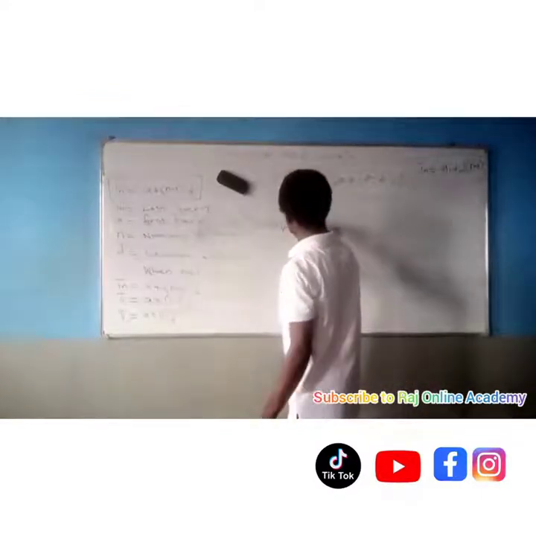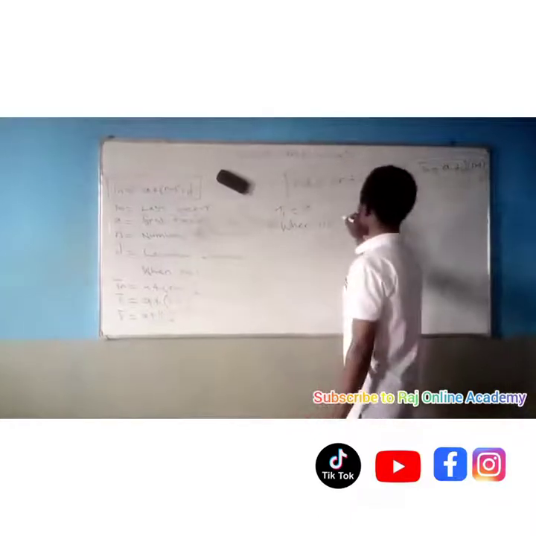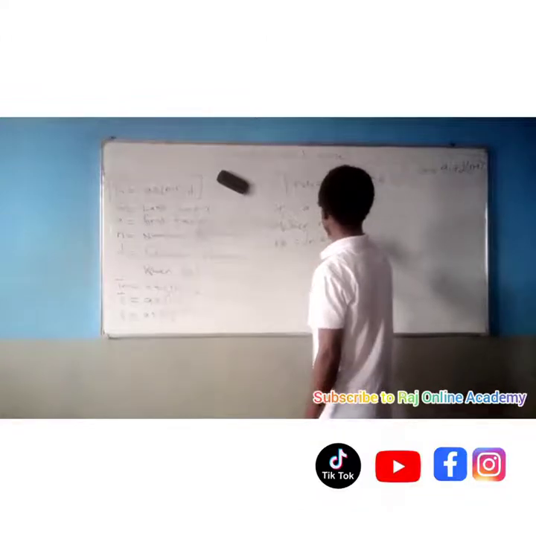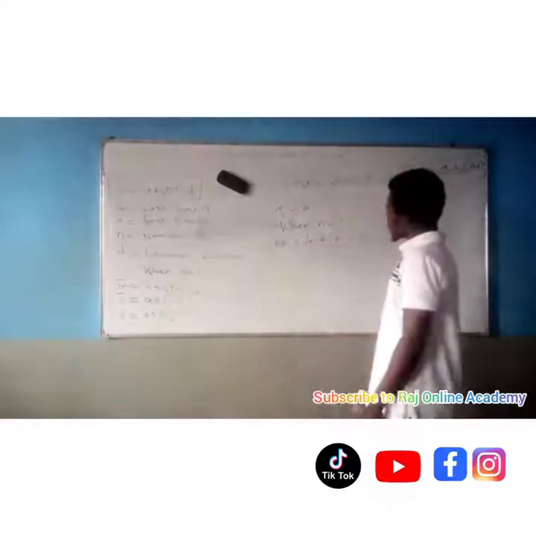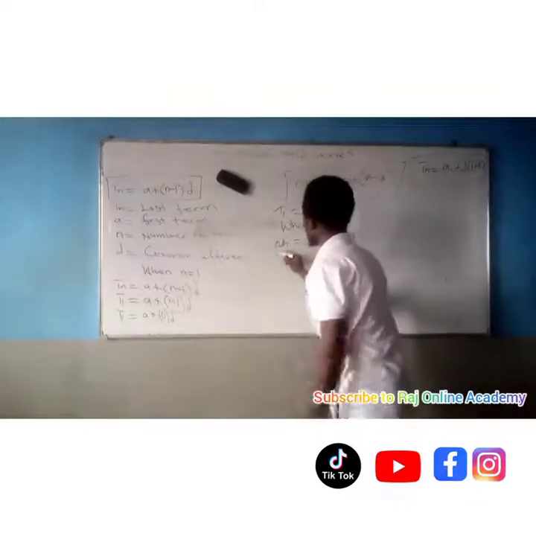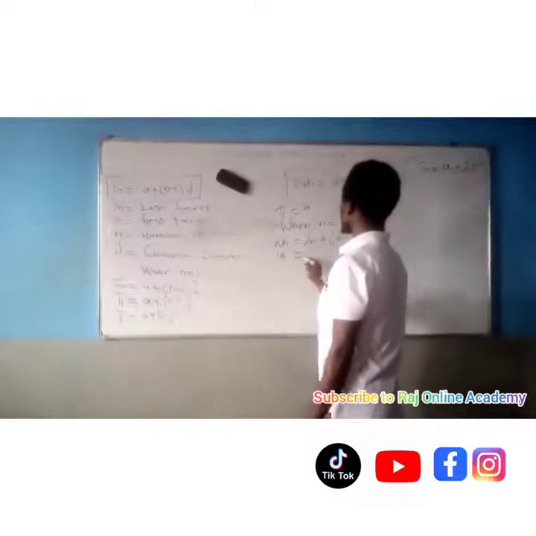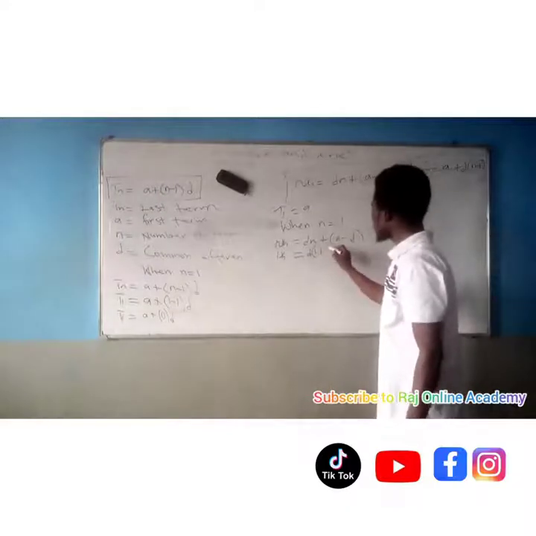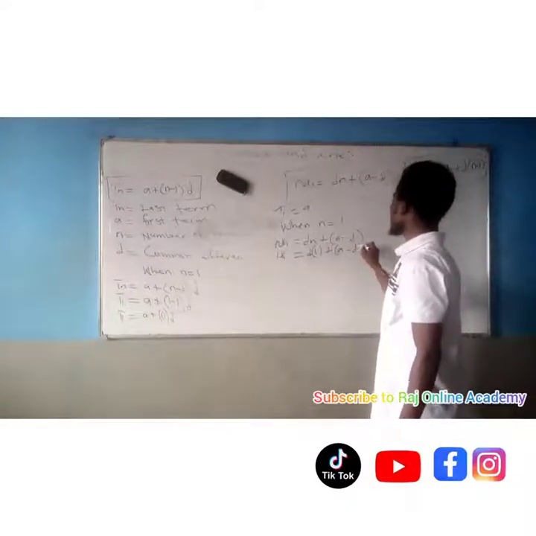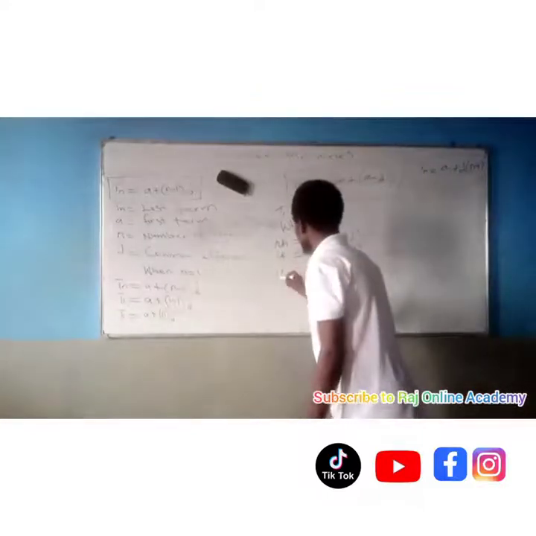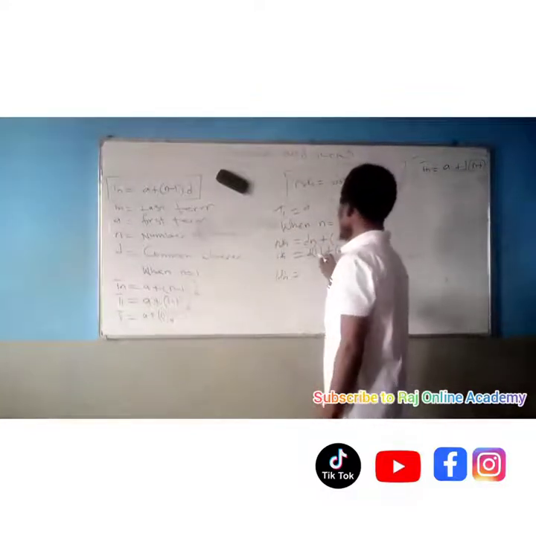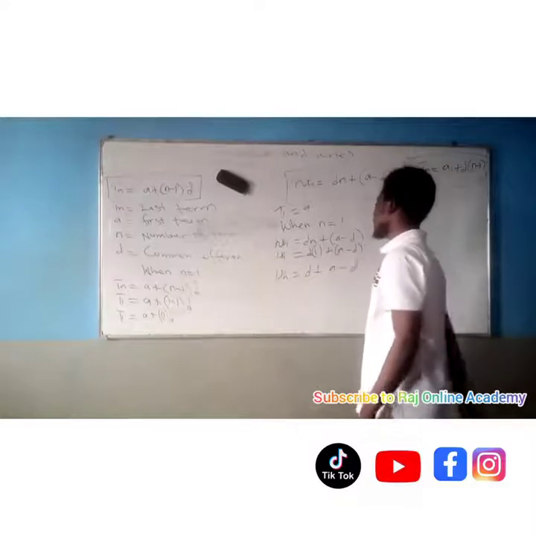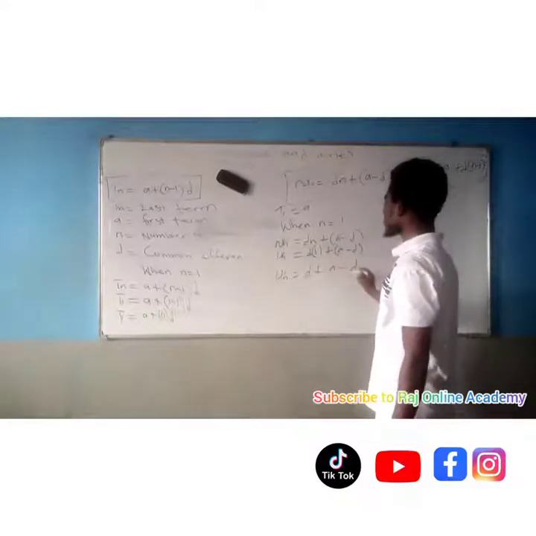When N is equal to 1, the nth term is equal to Dn plus A minus D. Now N is 1, so the nth term is equal to D into 1 plus A minus D. The first term is equal to 1 times D, which is D, plus A minus D. Plus times plus is plus, and plus times minus is minus.